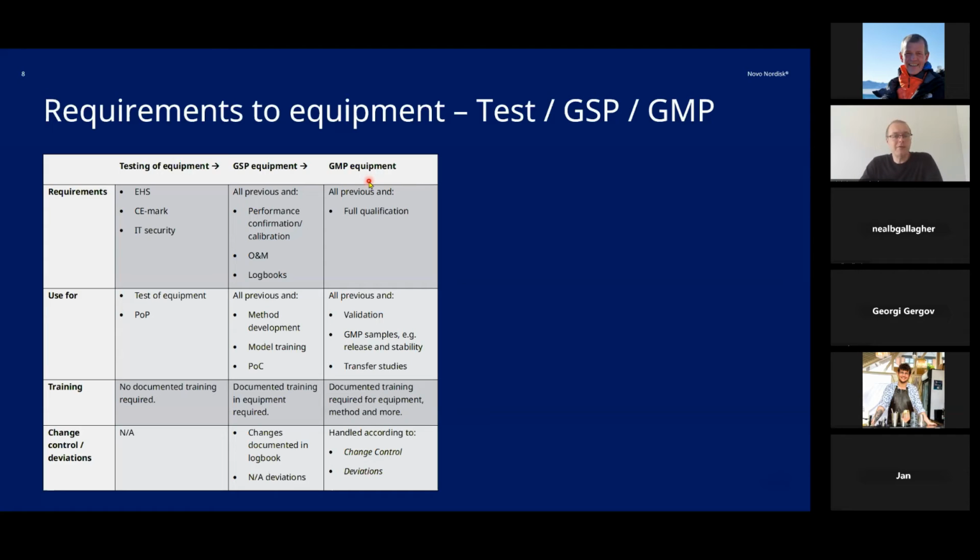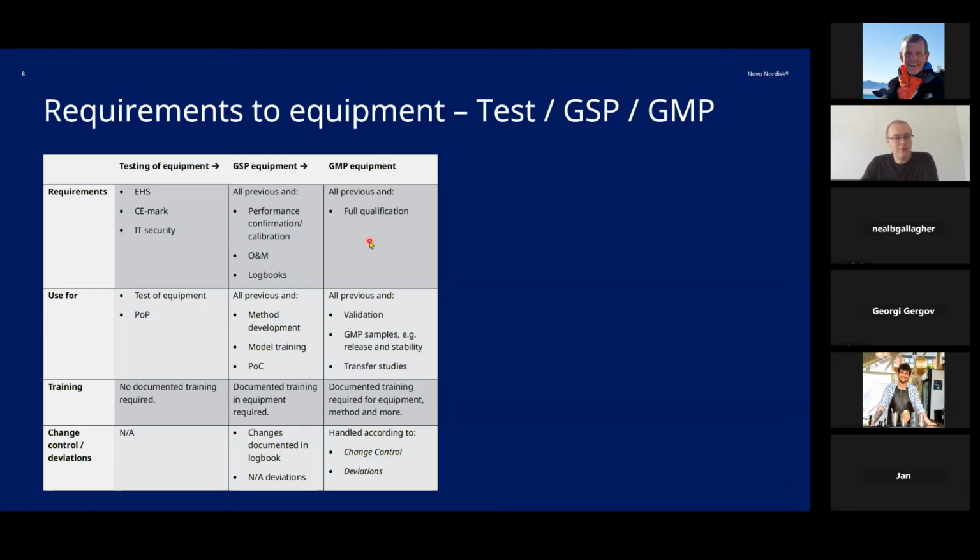So for GMP requirements, we have all the requirements for GSP and below, and then we need to go through a full qualification package. And that means both the documented installation qualification and operational qualification that we mentioned in the previous stages, but now we're also adding in checks to see if the instrument is in control.